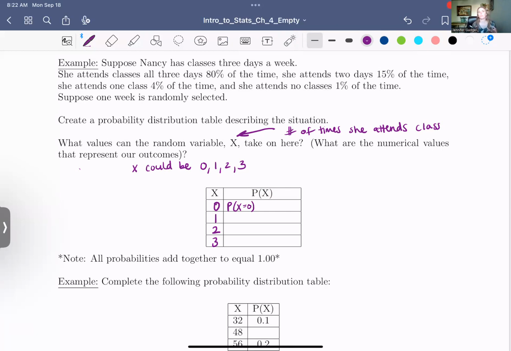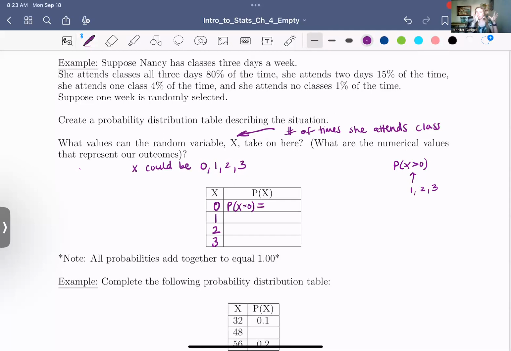And the reason this is important to address is because if we wrote something like p of x being greater than 0, that's 1, 2, or 3, all of those values. Whereas here, p of x equals 0 means we want the probability that she did not attend class at all.